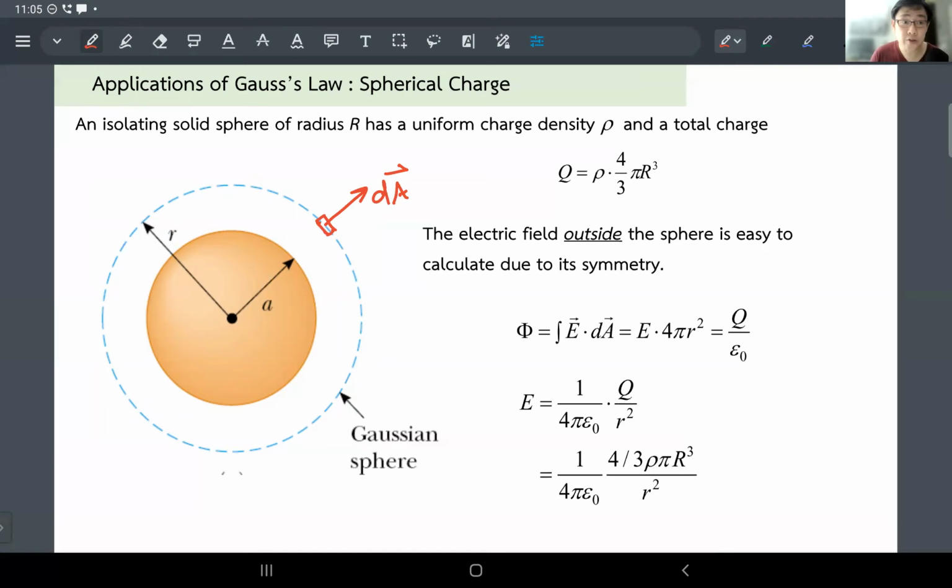Don't forget, we are not trying to use any Coulomb's law whatsoever. The only agreement we have is that we assume the electric field comes out of a positive charge and enters a negative charge. Once again, imagine that you are in a blank space. There must be electric field coming out of this, and it's supposed to come out in all directions equally.